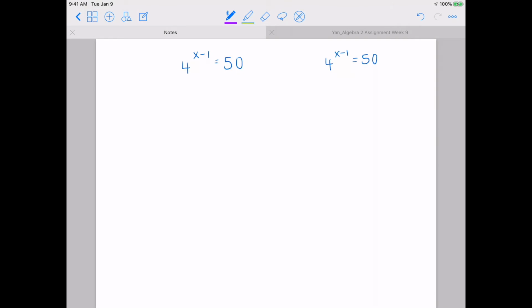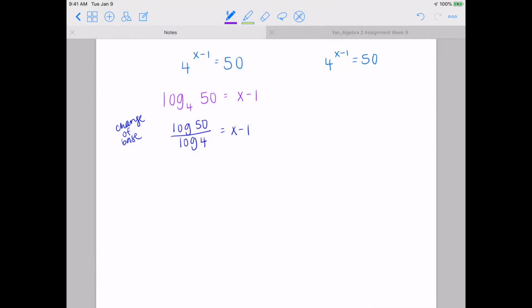Okay, so for the first method, we're going to rewrite this with just one log: log base 4 of 50 equals x minus 1. Then on the left side, we're going to convert it using the change of base formula. I'm going to write log 50 over log 4, and this equals x minus 1.